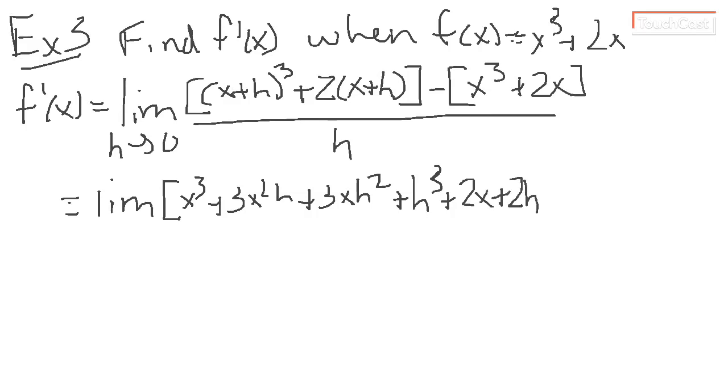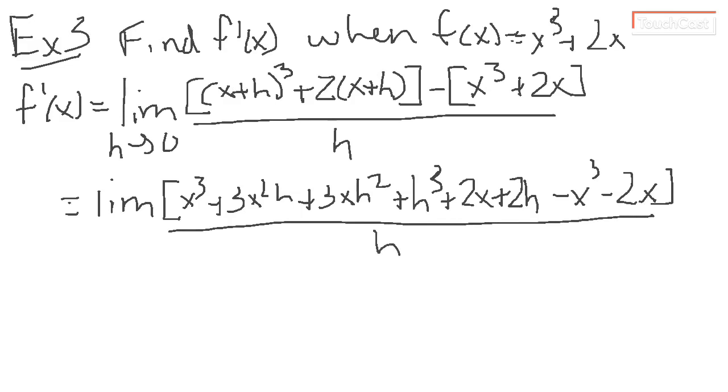And while we're at it, let's distribute the minus to the x cubed plus 2x. So we're going to have a minus x cubed minus 2x, and that's all over h, as h approaches 0.